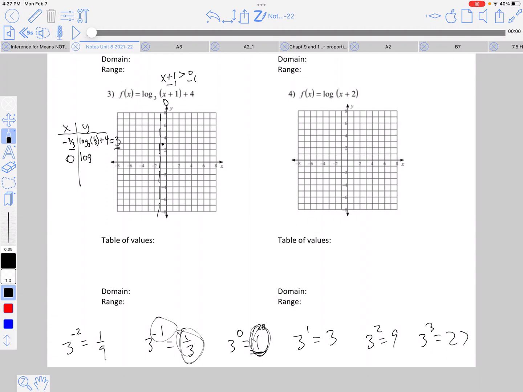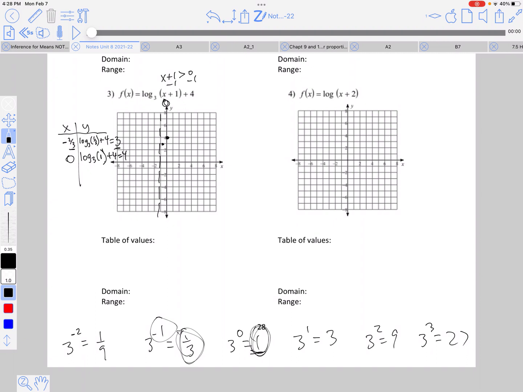So log base 3 of 0 plus 1 is 1. So 3 to what produces 1? Oh, I forgot. 3 to the 0. So the answer to this is 0. 0 plus 4 is 4. So at 0, I'm going to be at 4.